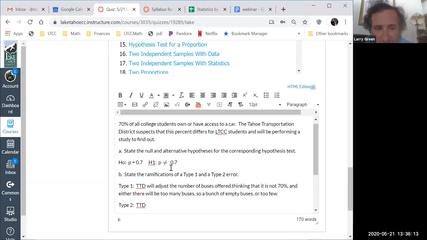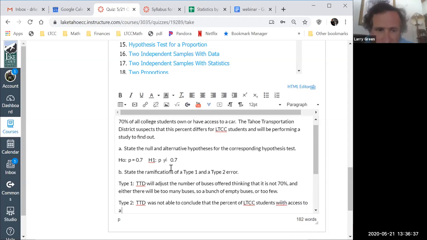So TTD was not able to conclude that the percent of students, LTCC students, with access to a car differs from 70% when it actually does.